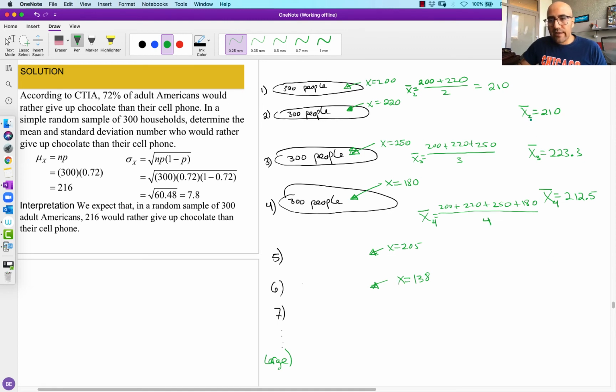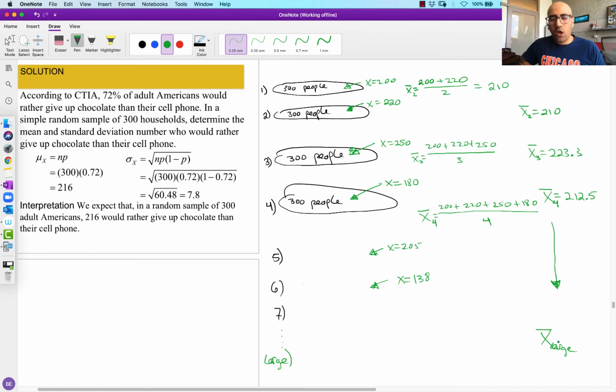Okay, so if we keep track of this running average, this running mean, for a very large number of samples, right? With 2 samples, with 3 samples, with 4 samples.